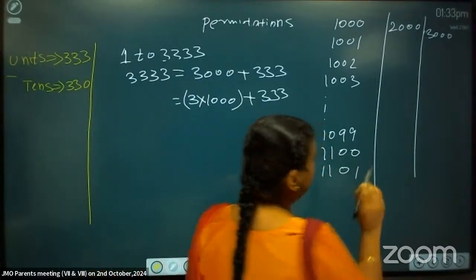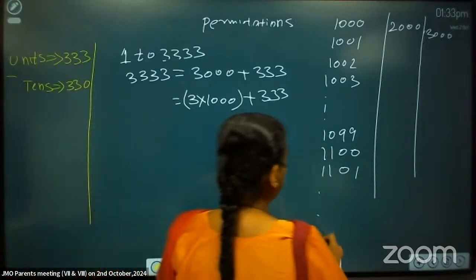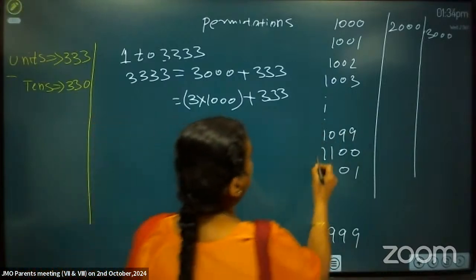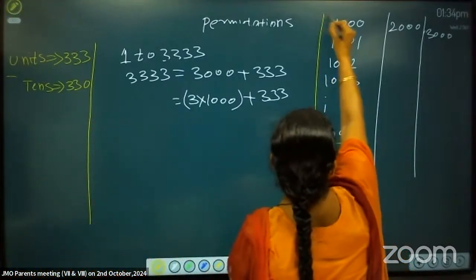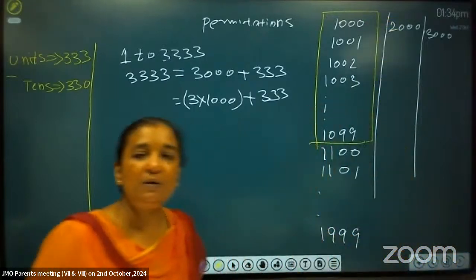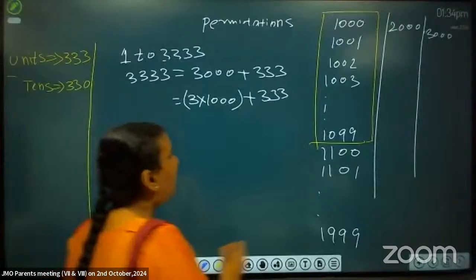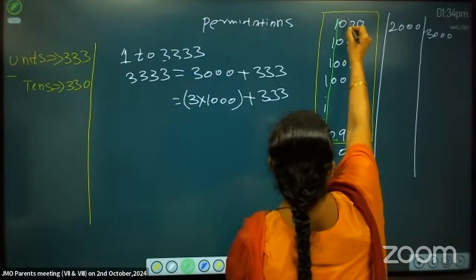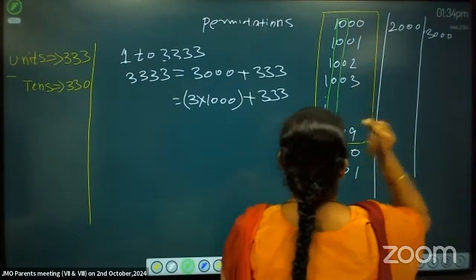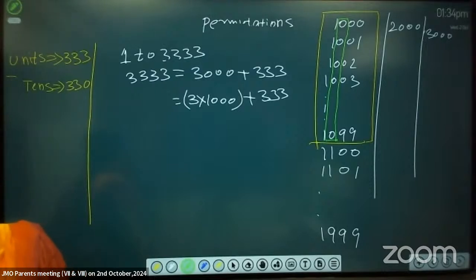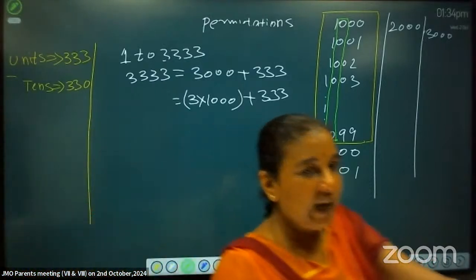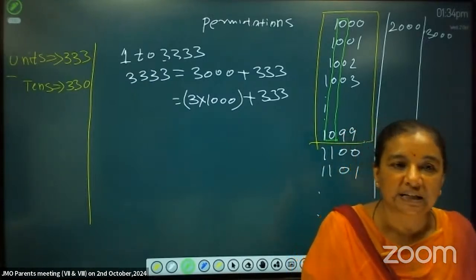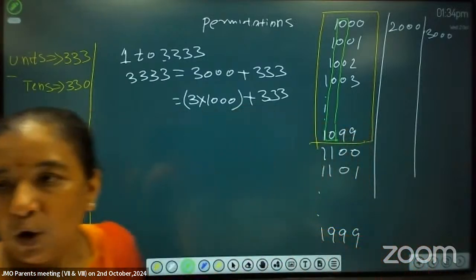Then I will get 1101 and so on till I reach 1999. Now if I concentrate on the numbers from 1000 to 1099, what do I find common? I find that there is a 0 at hundreds place. So for every 1000, there are 100 numbers which have 0 at hundreds place. You understand this?